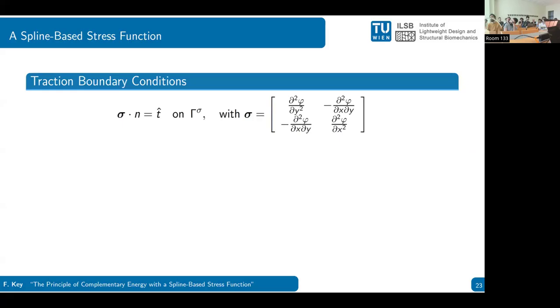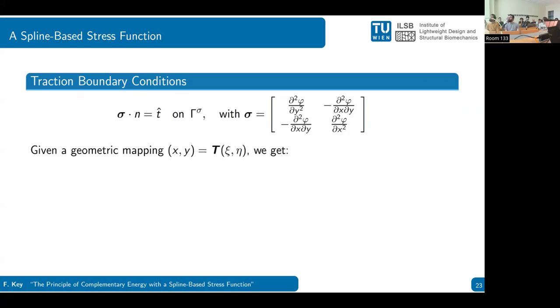Okay, how does it look for the traction boundary condition? Tractions are a product between the stress tensor and the normal on this part of the boundary, and here for the stress components we already plugged in the definition of the Airy stress function.